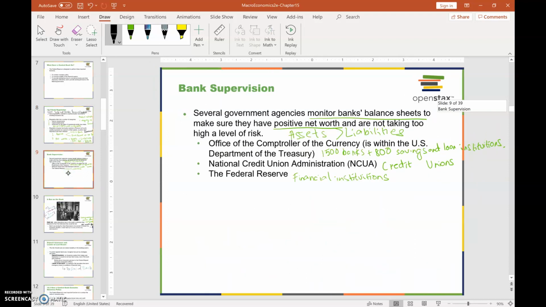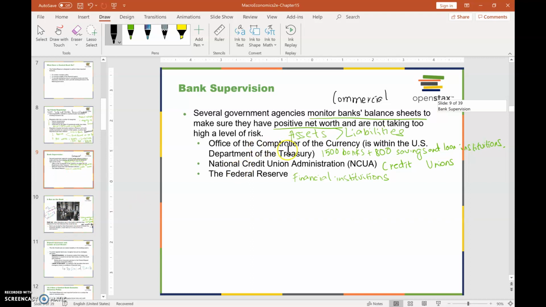Number 2, we look at bank supervision. Several government agencies monitor the bank's balance sheets. So over here we are talking about commercial banks. They are trying to see that assets are greater than liabilities and the net worth is positive.